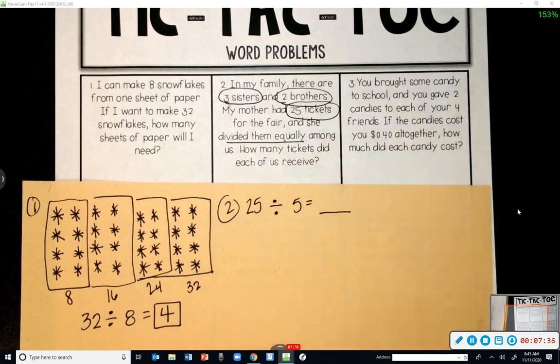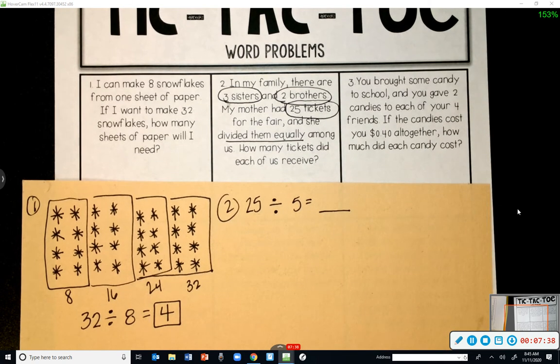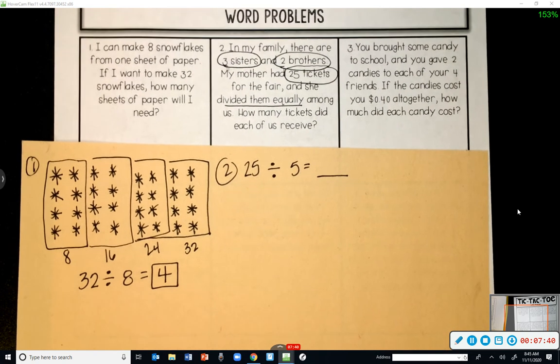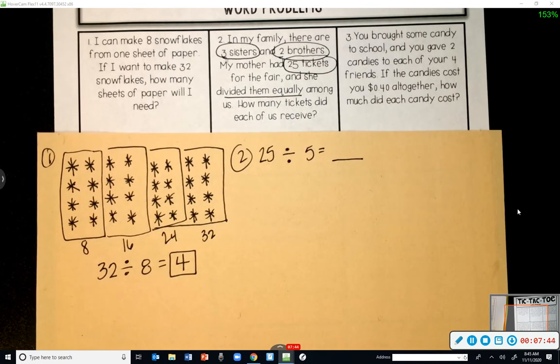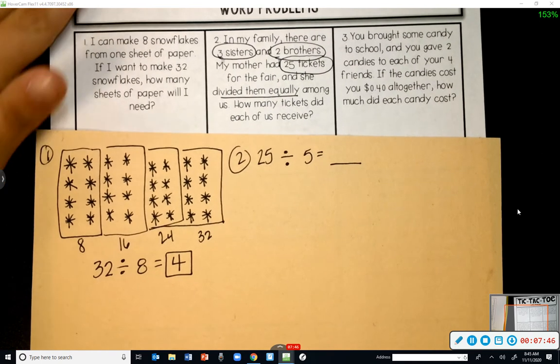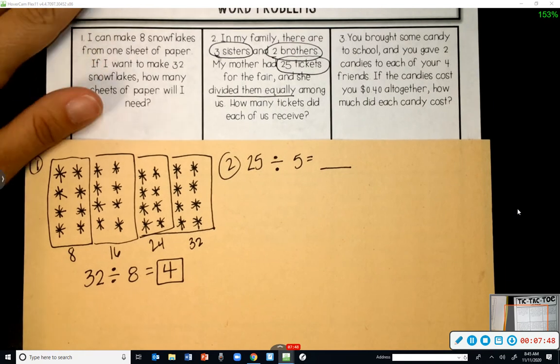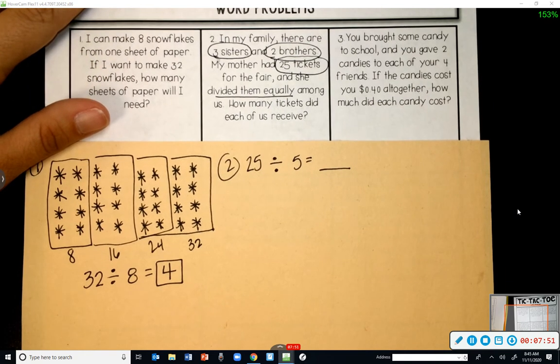And we don't know yet. So we're going to pick a strategy and work it out. Pick any one you want to use and go ahead and work it out on your own. You could draw a picture, do an array, skip count, do equal groups.